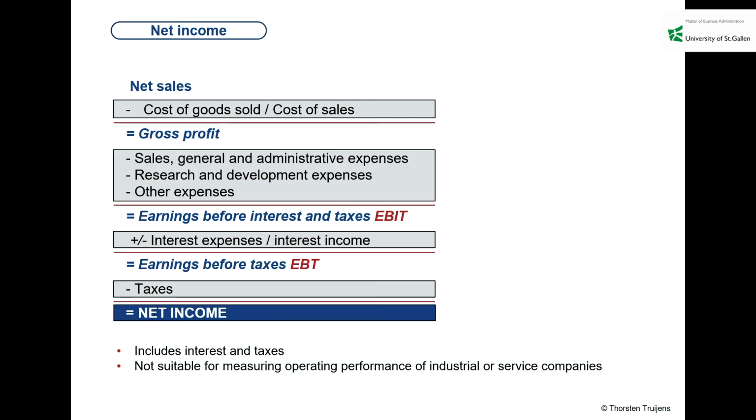So finally, net income, the final number of the income statement. First of all, and most importantly, this is not a number we should actually use to compare different companies in a given industry. Why is that? Imagine you have two competitors and you want to benchmark them financially. Now, what you would do usually is look at the income statement and look at the profitability.